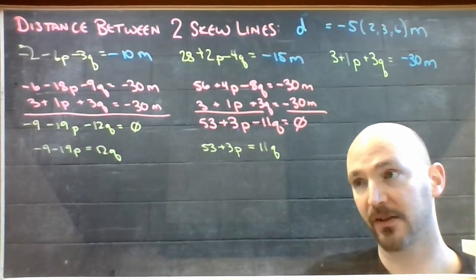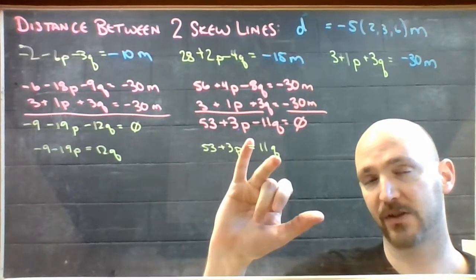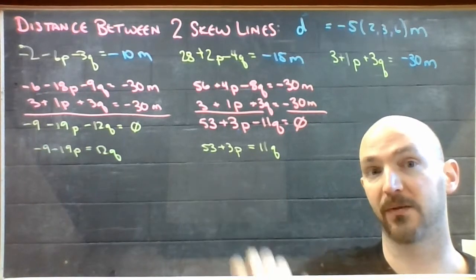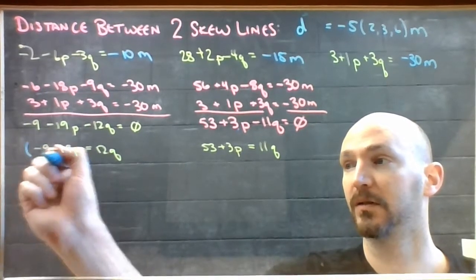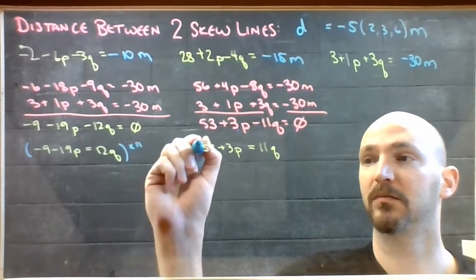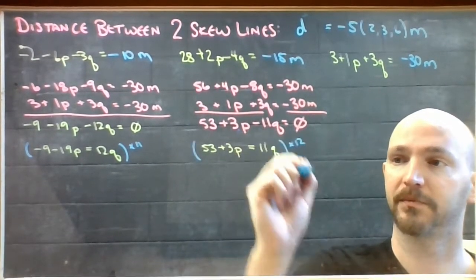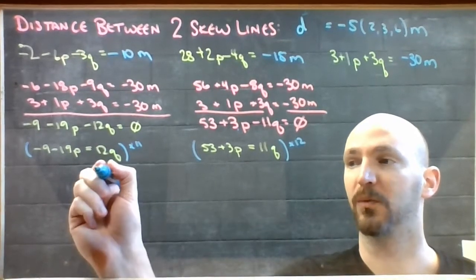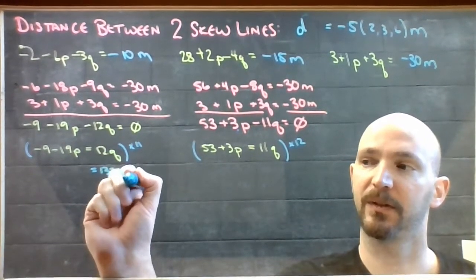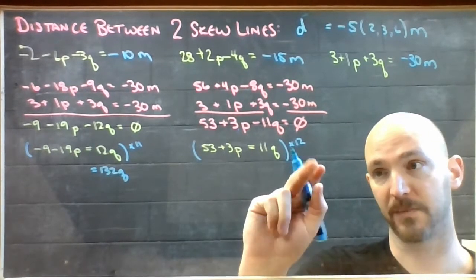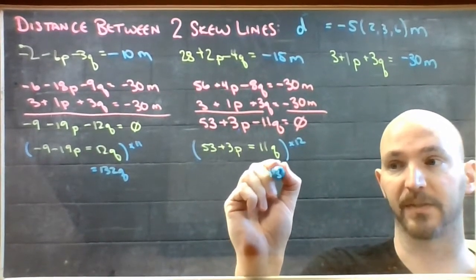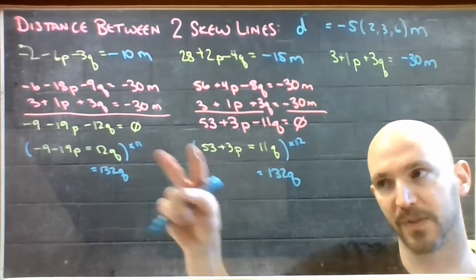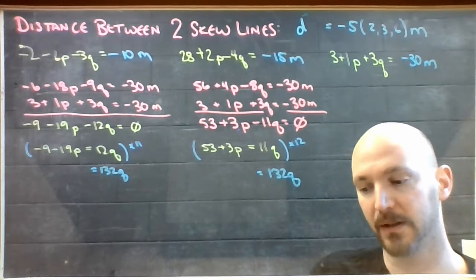To get a match, I could multiply everything here by 11 and everything here by 12, because 12 Qs times 11 will be 132 Qs, and 11 Qs times 12 will be 132 Qs. So it's like doing a common denominator with fractions, right? I'm just finding a way to scale these things up properly.